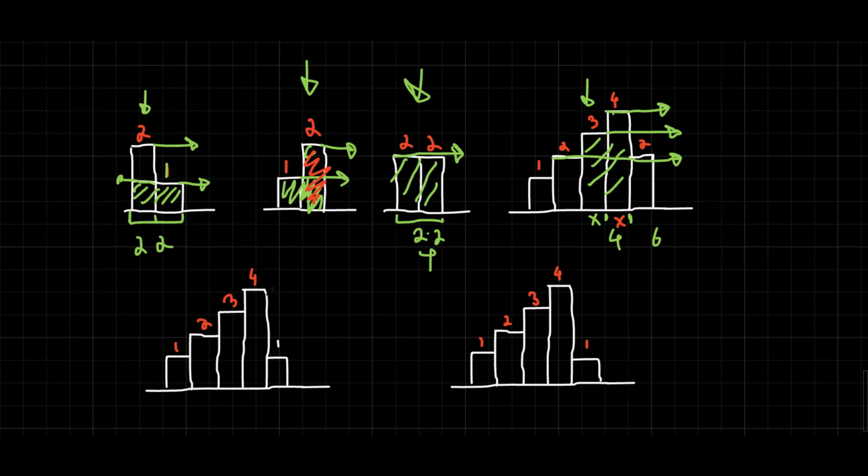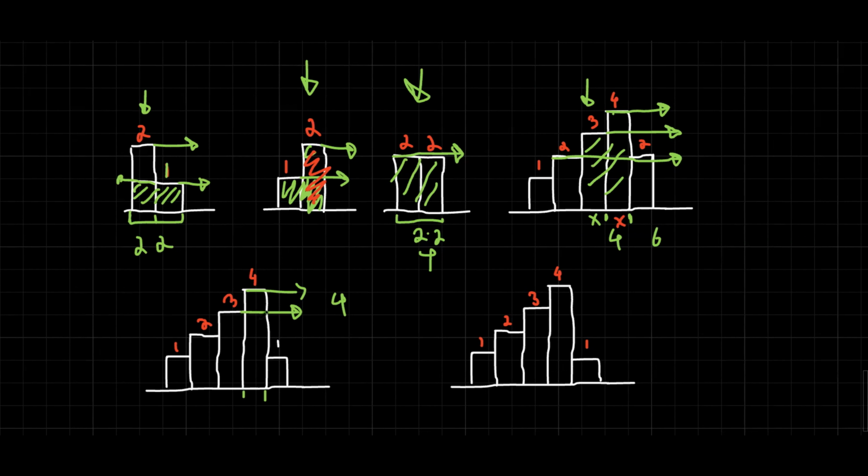Now, we cannot extend the 4 further to the right side because it does not have any support here. So here, the range for this 4 will be in this position. So the area will be 4 multiplied by 1, which is 4. Now, we cannot extend the height 3 further because it does not have any support here.